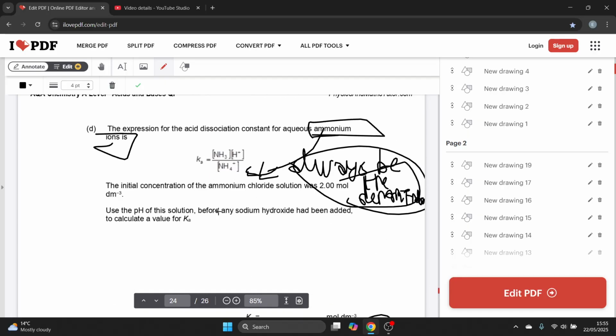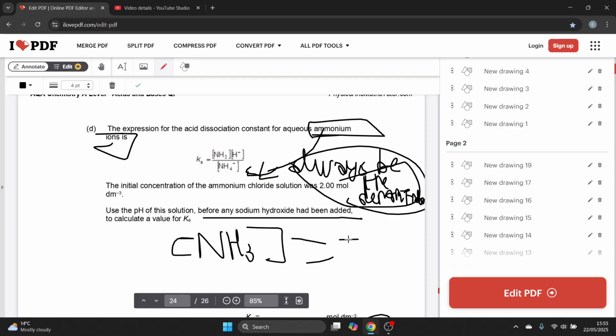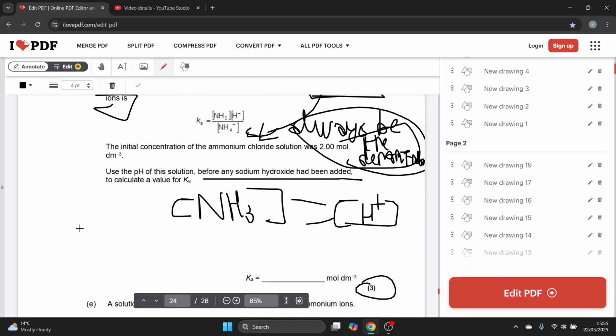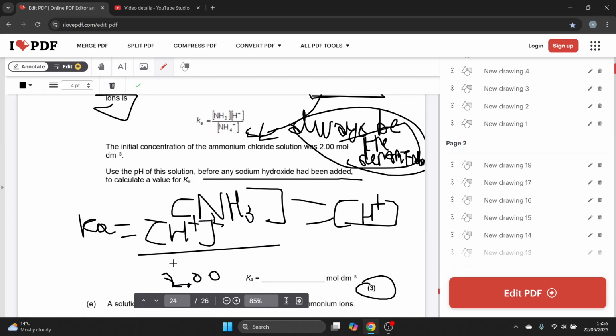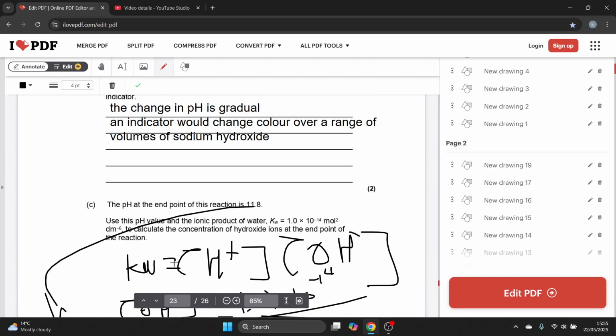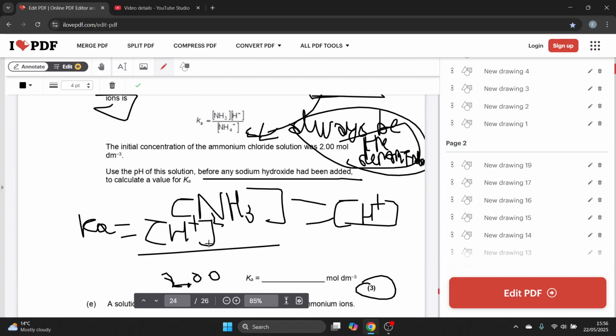What's going to happen is that before any sodium hydroxide has been added, the concentration of NH3 equals the concentration of H plus, because there's no sodium hydroxide added. So therefore Ka equals the concentration of H plus squared over 2.00, which is the concentration of NH4 plus ions. And the concentration of H plus is 10 to the power minus 11.8.